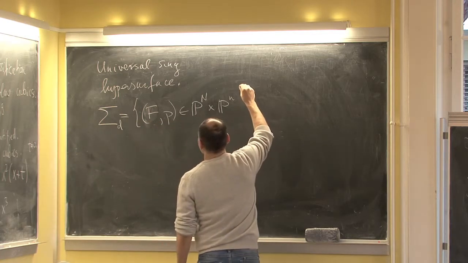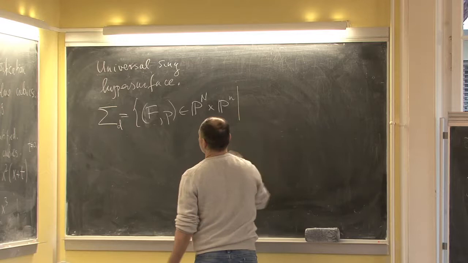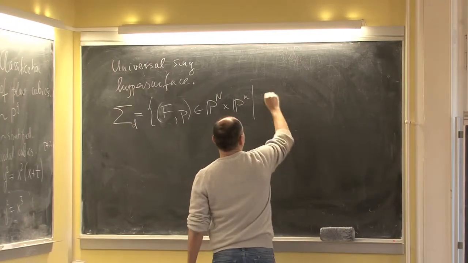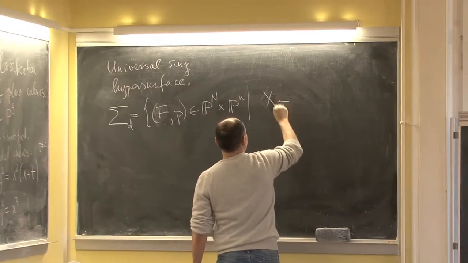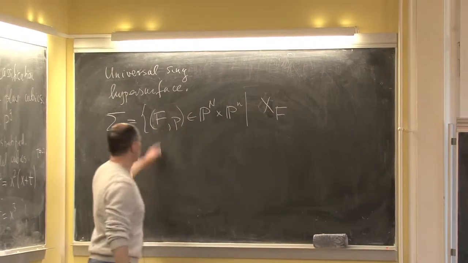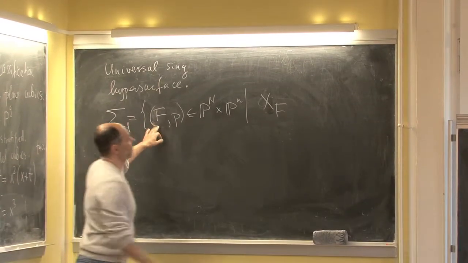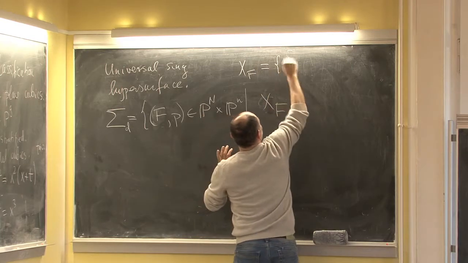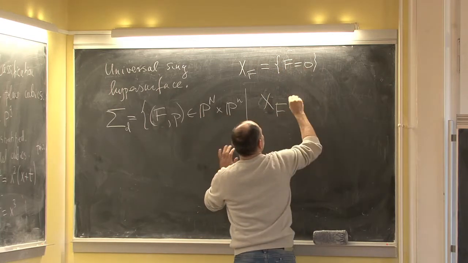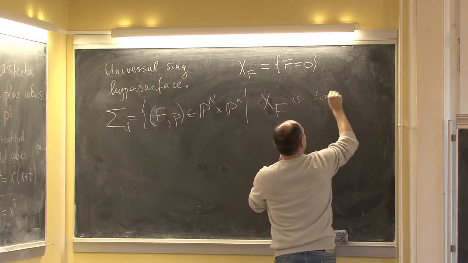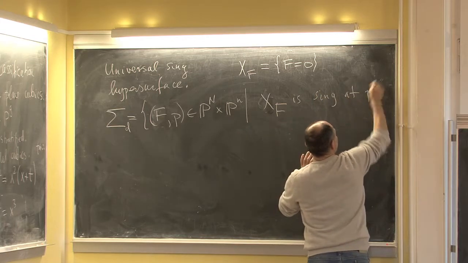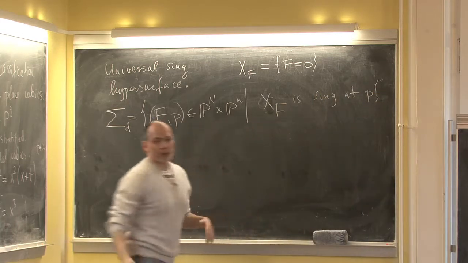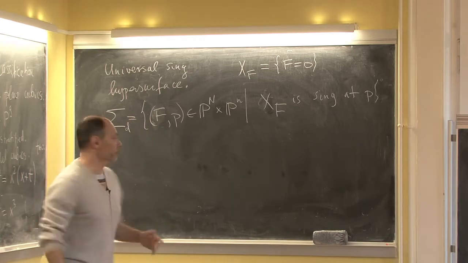And so the obvious thing is that Xf is the hypersurface defined by f, singular at P. So this is this universal thing. Remember, it's very similar to what we did before.